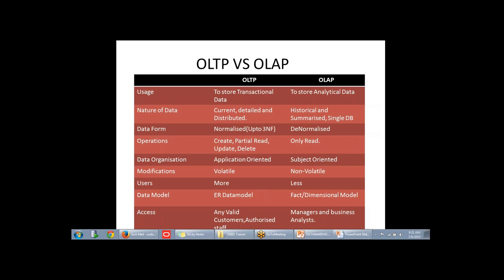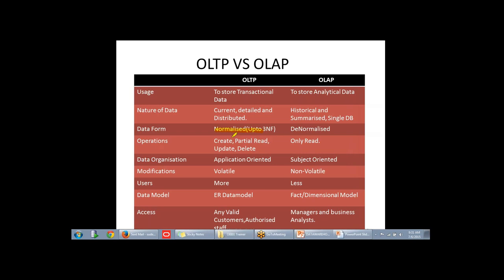And coming to the data organization part, the way we are going to save data in an OLTP system and the way we are going to save data in an OLAP system. As I have already discussed, the form of data in OLTP will be more normalized. If it is more normalized, more tables will be there, and each table will have a parent-child relationship, which in technical terms is called entity relationship.